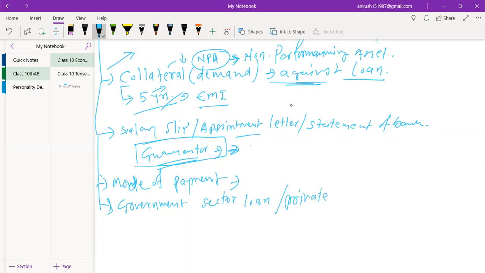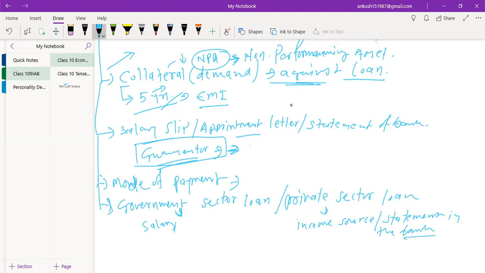A government sector loan actually requires the salary that is deposited into your bank account every month. For a private sector loan, they would just see your income source and the statement in the bank, whether you are transacting in the bank properly or not.